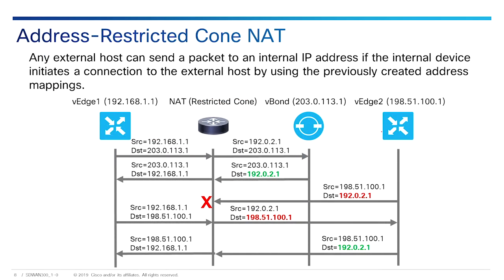The other one is address-restricted cone NAT. It's also another method. It maps an internal address and port to an external address and port. However, an external host can send packets to the internal device only if the external address has received a packet from the internal address and port first.